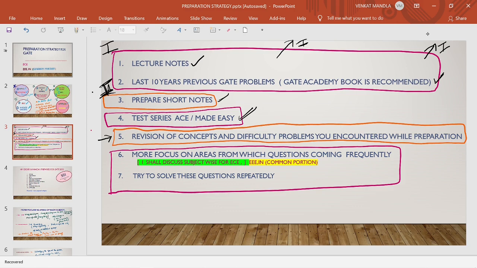Whichever problems you feel are difficult, keep track of them. Then at revision time, you have to revise those problems also, not only the concepts. So this is the fourth block.